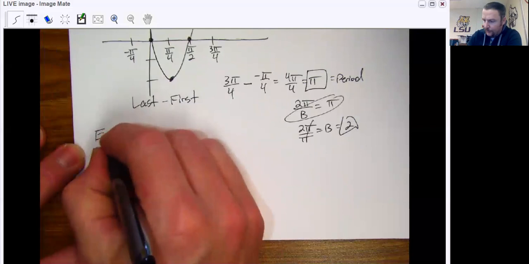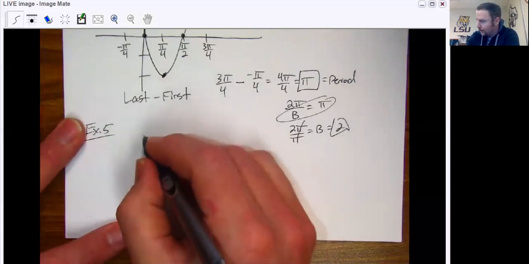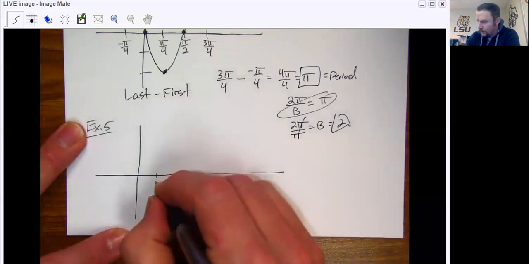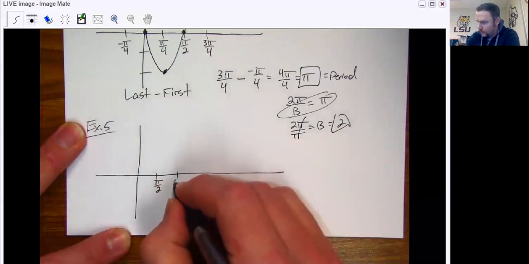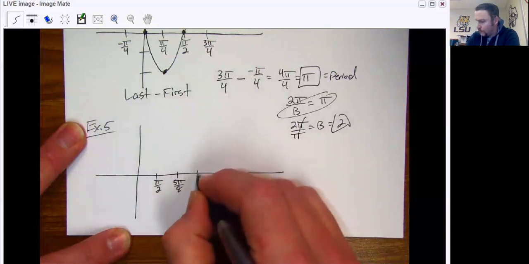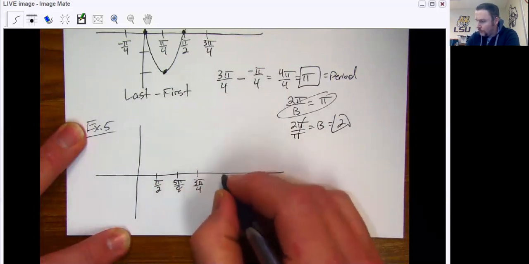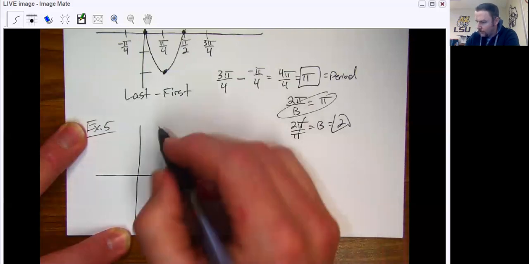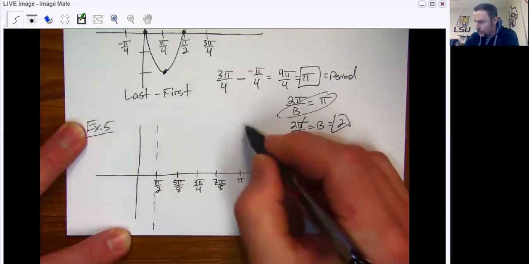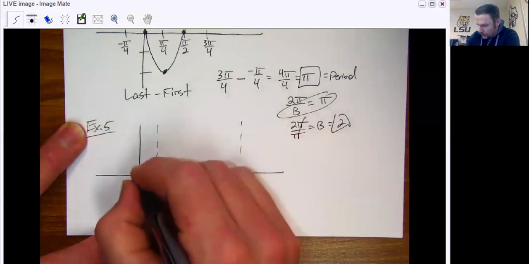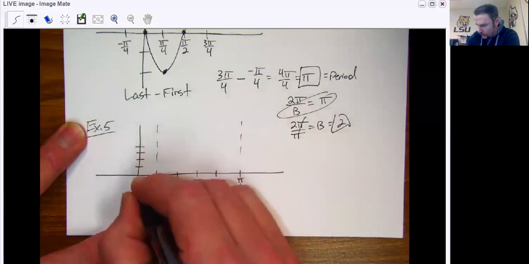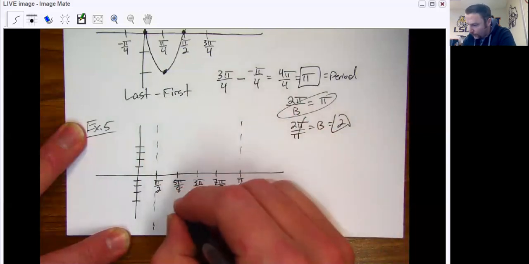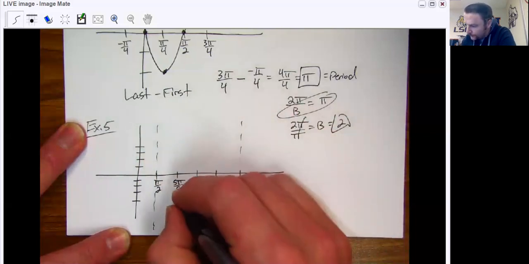Okay. Let's do another quick one. We'll call this example number 5, and we'll call it a day. So again, if I gave you this graph, oops, let's do that one.